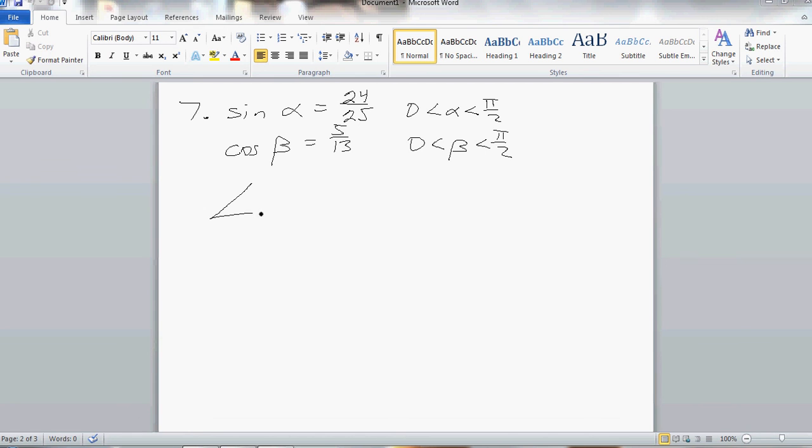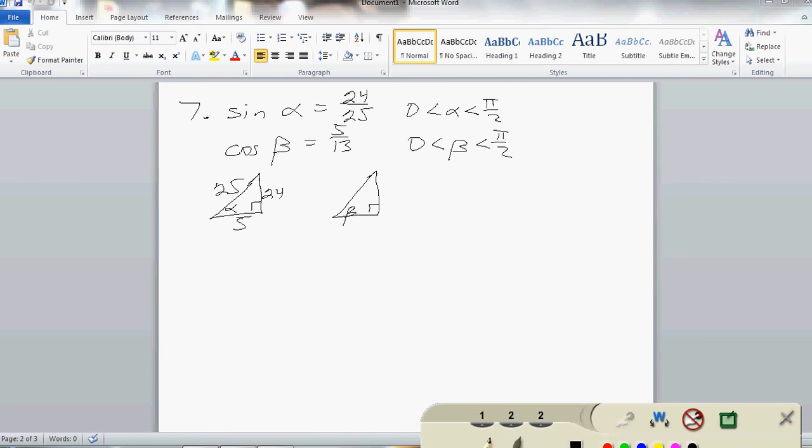So what I need to do is I need to draw two different triangles. One's going to have the angle alpha, and the other one's going to have the angle beta. Now with alpha, I know sine is 24/25, so that would be 24 here, 25 here, and realizing that this is, it's not 5, it is 7.